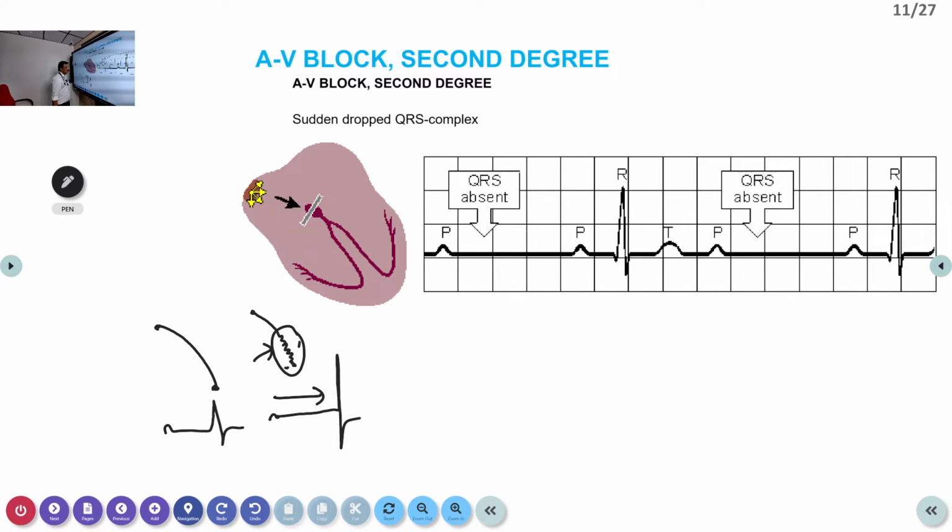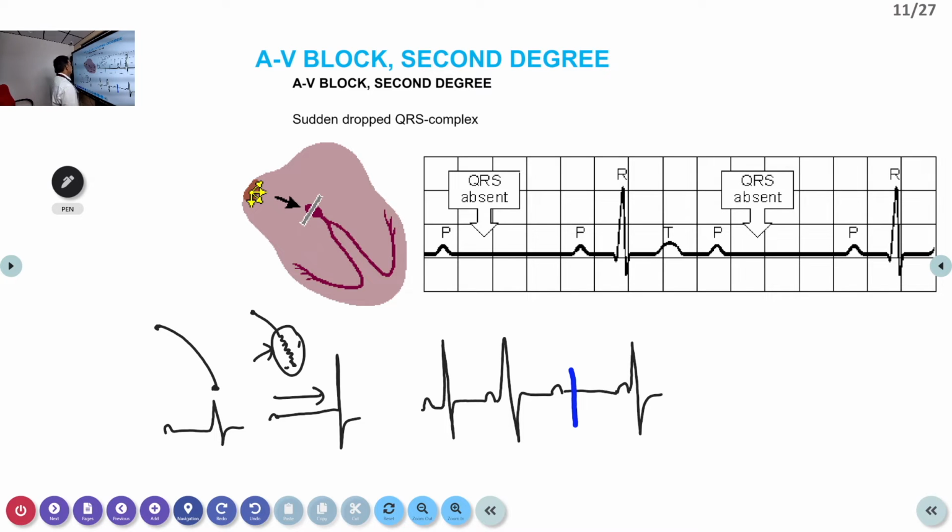But what happens in second degree heart block onwards? You get a normal P wave, then PR interval, then QRS complex, again P wave, then QRS complex, then a P wave. Suddenly there is no conduction, and the third P wave comes and then a QRS complex. Here we expect a QRS complex, but that is missing.